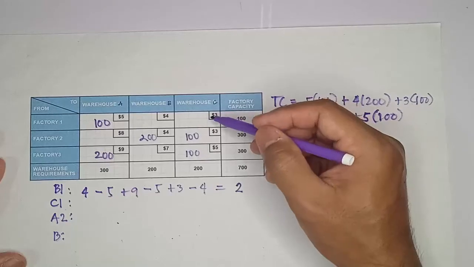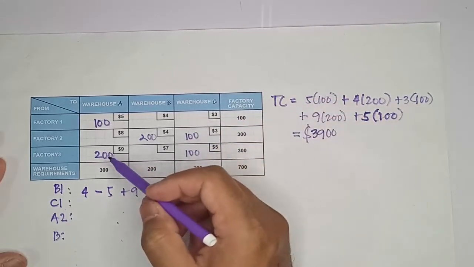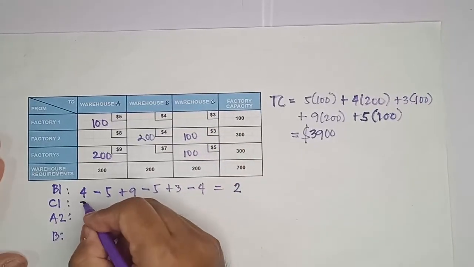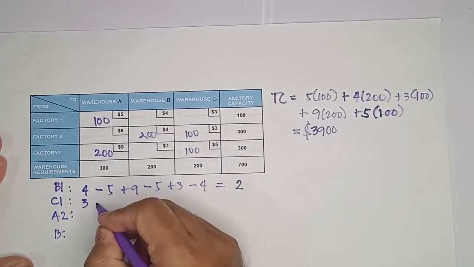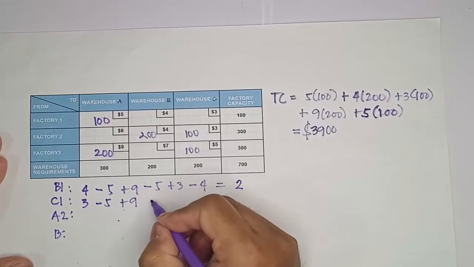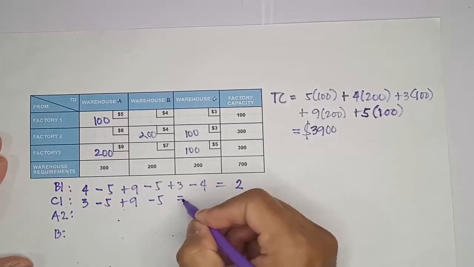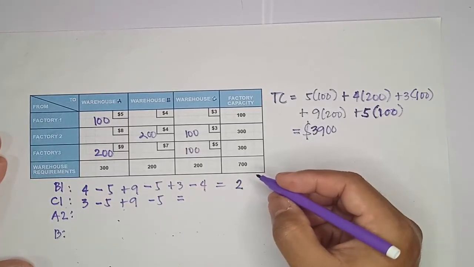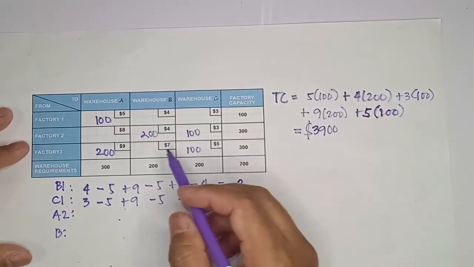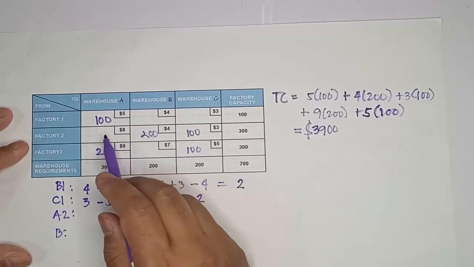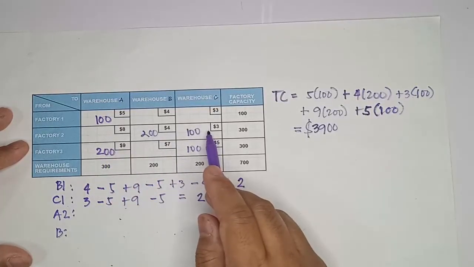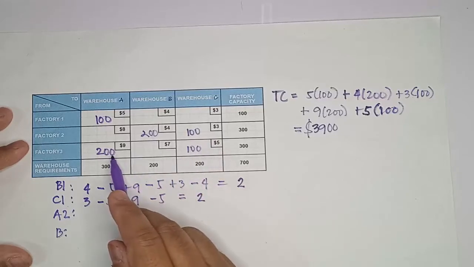For C1, the loop is from C1 to C3 to A3 to A1, going back to C1. So that's 3 minus 5 plus 9 minus 5. This is equal to 2. On A2, the loop is A2 to C2 to C3 to A1.